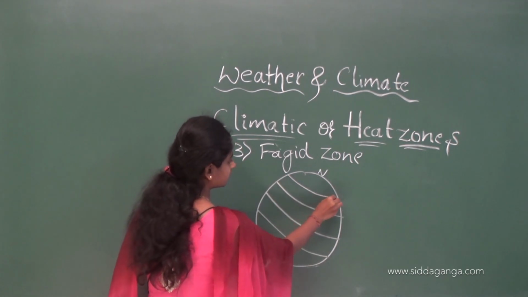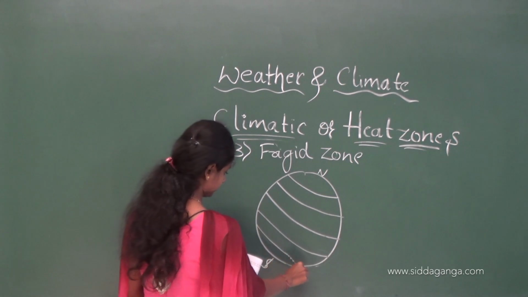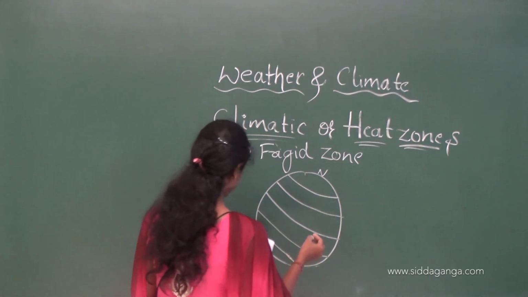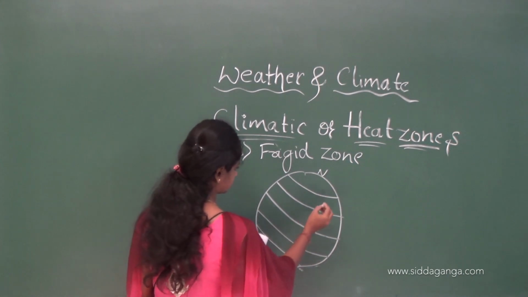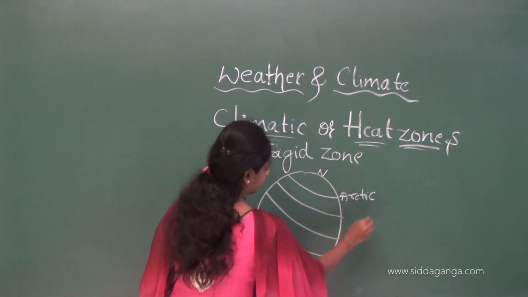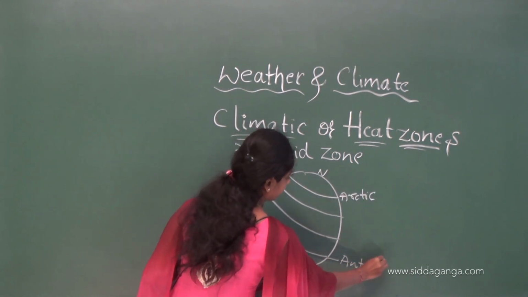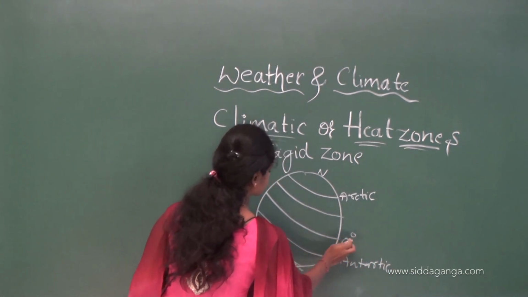Here comes which circle? Here comes the Antarctic Circle and the Arctic Circle. This is the Arctic and this is the Antarctic. This is 0 degree, that is the equator, sorry.